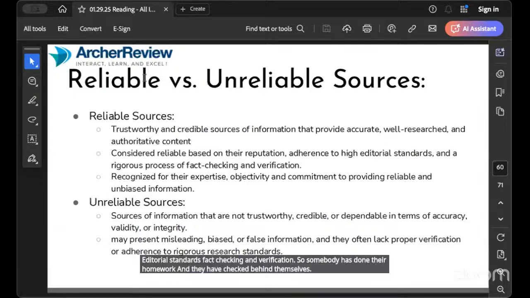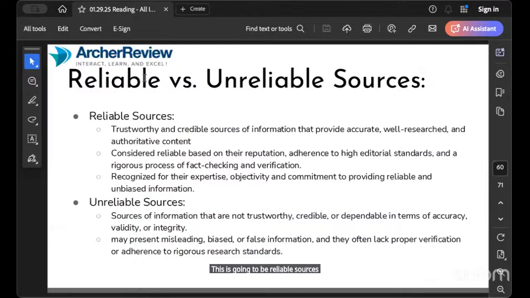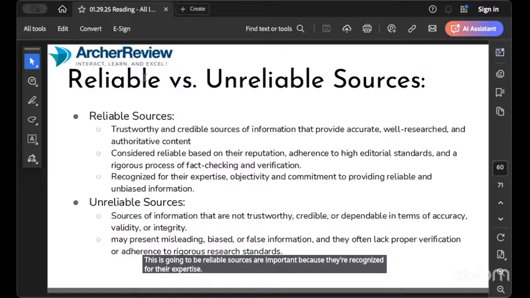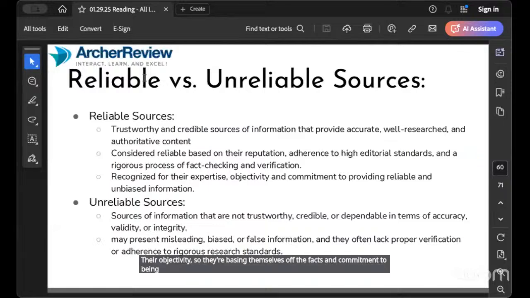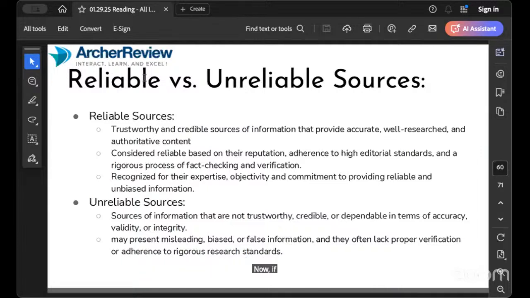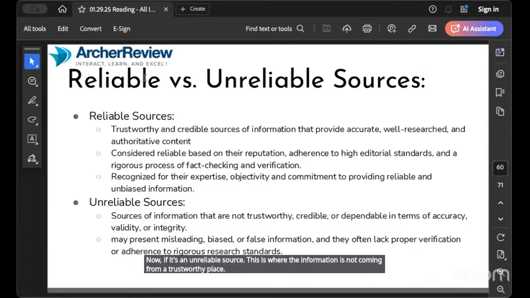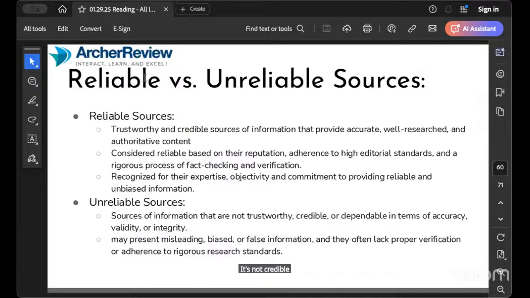Reliable sources are important because they're recognized for their expertise, their objectivity, so they're basing themselves off the facts, and commitment to being reliable and, most importantly, unbiased information. Now, if it's an unreliable source, this is where the information is not coming from a trustworthy place. It's not credible. Nobody did fact check on it.